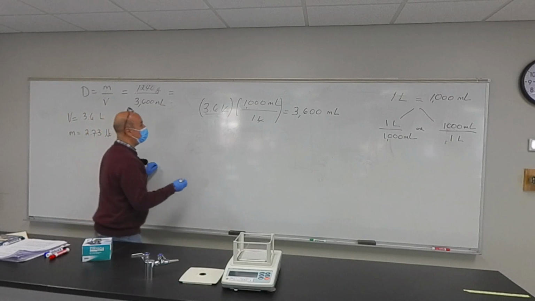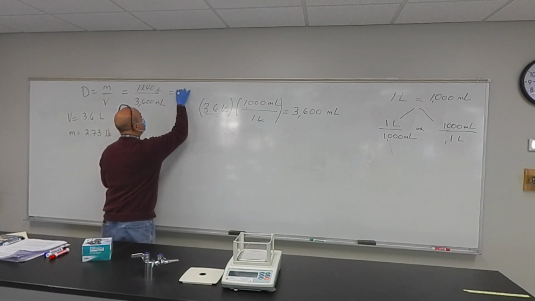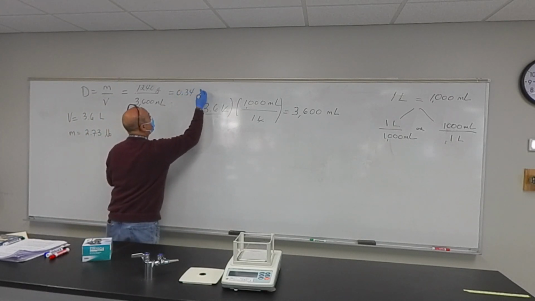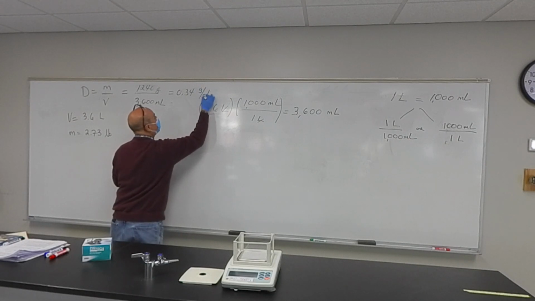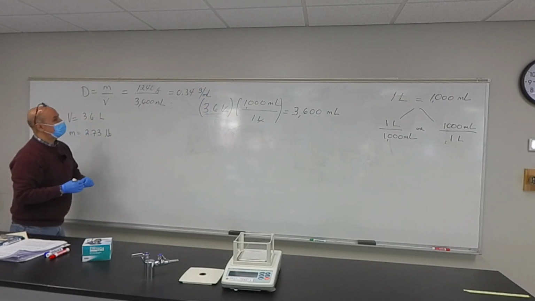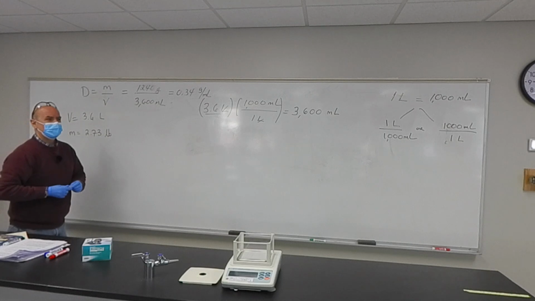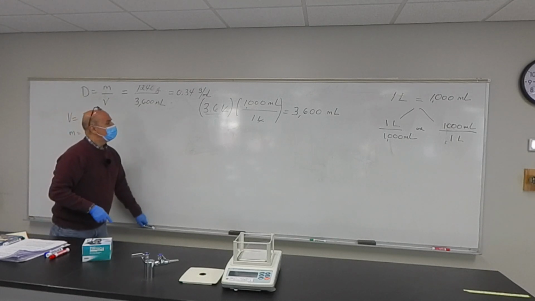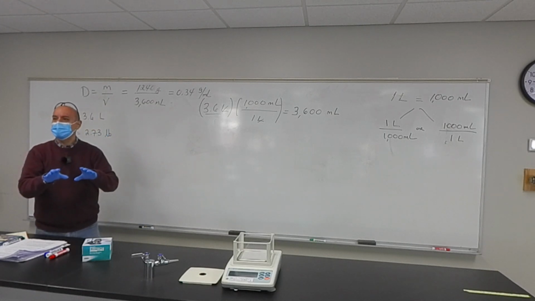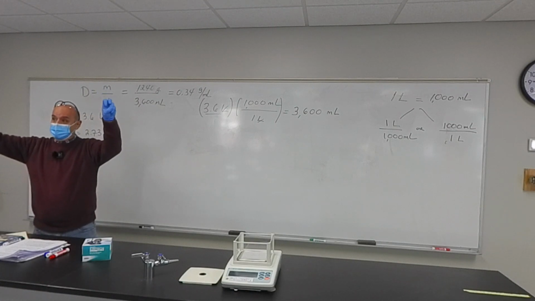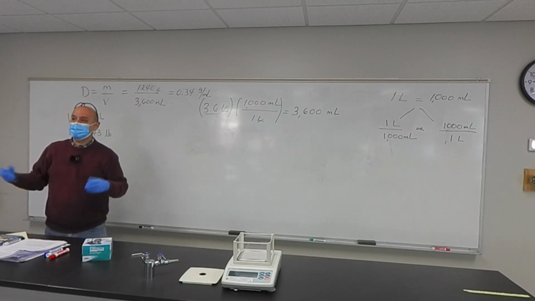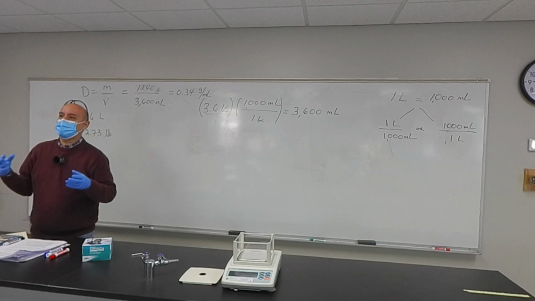Same thing? All right. 0.34 grams per milliliter is the density of that. That's a very light plastic. The smaller the density, the lighter, in quotes, the object. Because light implies weight, but we're talking about density.